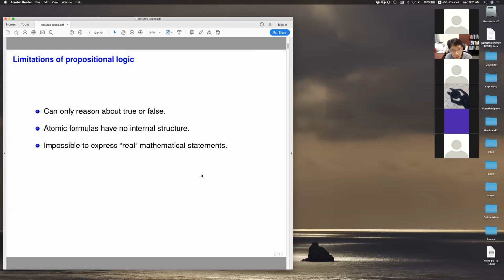More technically, what happens in propositional logic is that the basic ingredients that we use to build formulas are called atomic formulas, and these atomic formulas do not have any internal structure at all. They are either true or false, a propositional variable P. These are the basic ingredients from which we build a complicated formula in propositional logic.